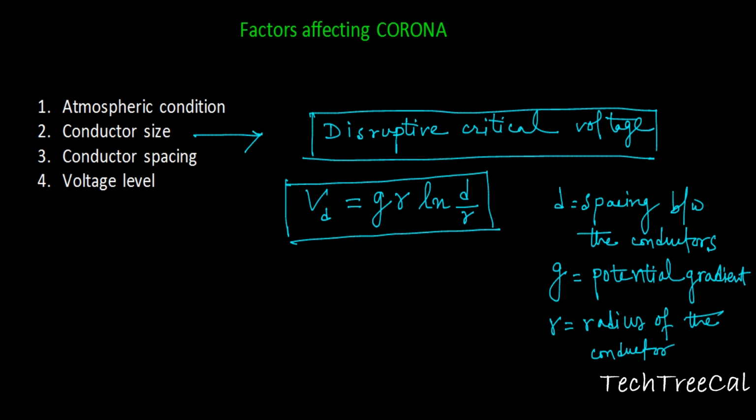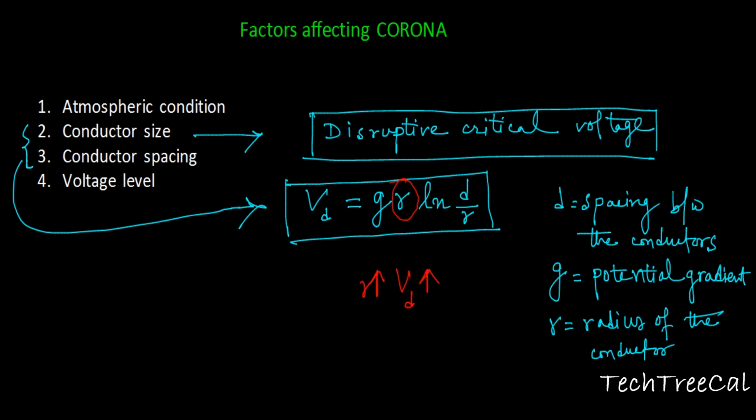Now, these two factors can be understood using this equation. If you are increasing the conductor size, that means you are increasing the radius of the conductor. If you are increasing the radius, that means you are increasing the critical disruptive voltage VD.